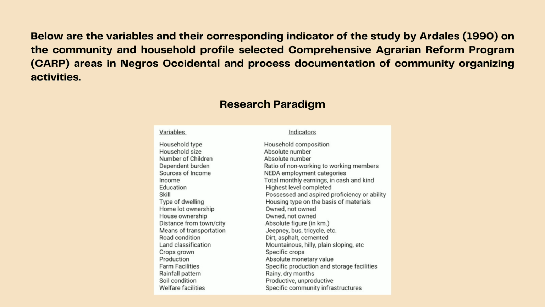Next, household size, its indicator is absolute number. Next, number of children, its indicator is also absolute number. Next, dependent burden, its indicator is the ratio of non-working to working members. Next, sources of income, its indicator is NEDA employment categories. Next, income, its indicator is total monthly earnings in cash and kind, and so on.